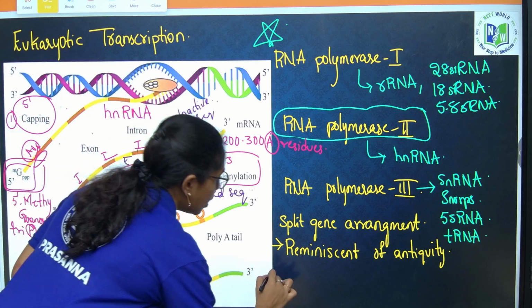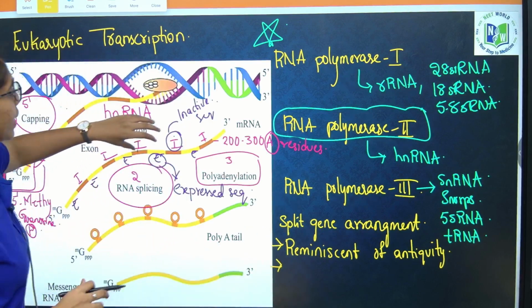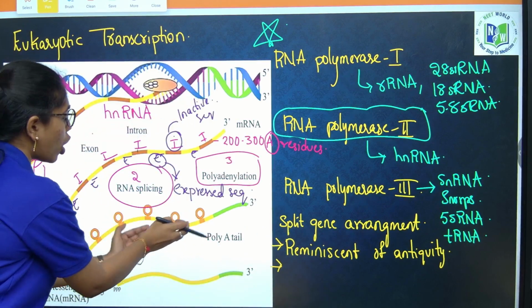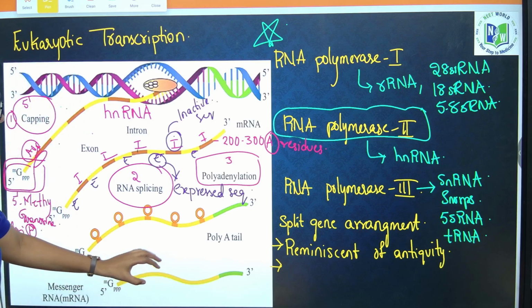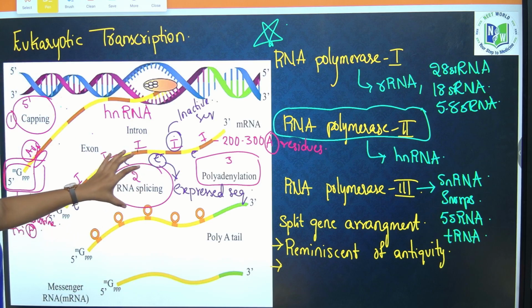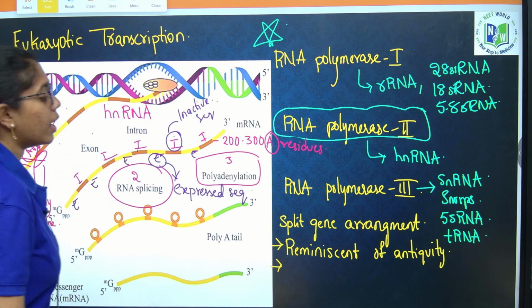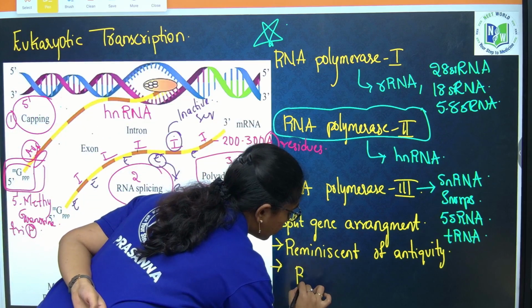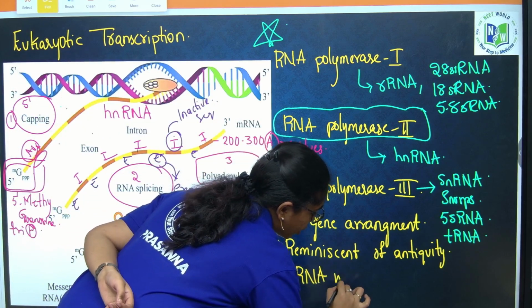And the second point is to cleave the inactive sequences and to join all the expressed sequences. This expressed sequence joining and removal of introns, which is said to be splicing, is reflecting the RNA world dominance.